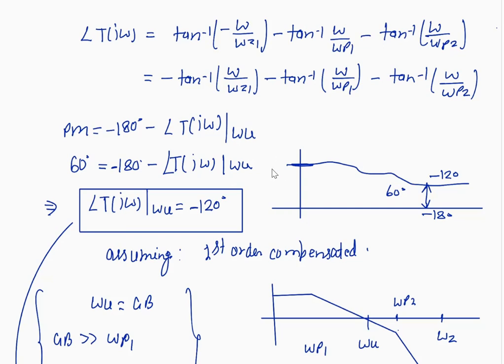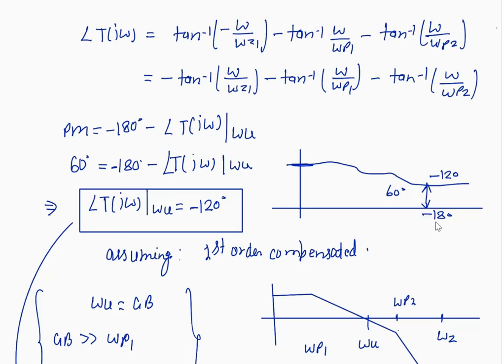If you go from minus 180 degrees to 0, your reference will be 0 degrees. At omega equal to 0, my phase is 0, and at omega equal to unity gain frequency, the phase contributed by this transfer function will be minus 180 degrees. So the difference will be 60 degrees.